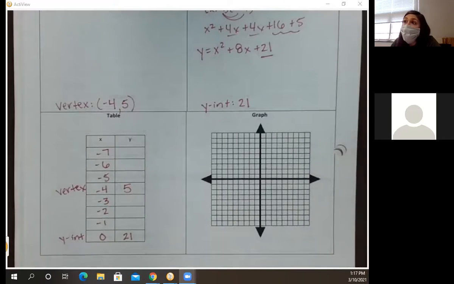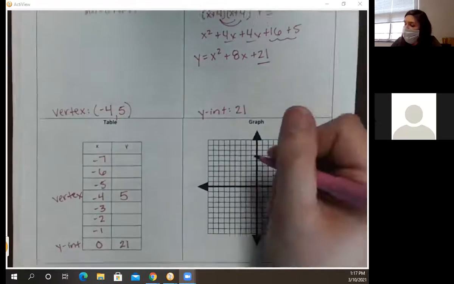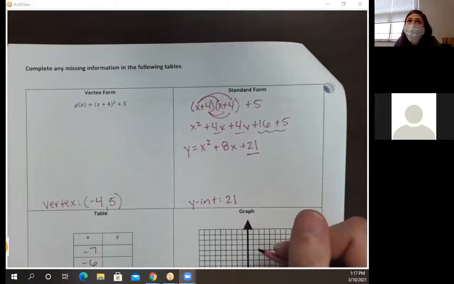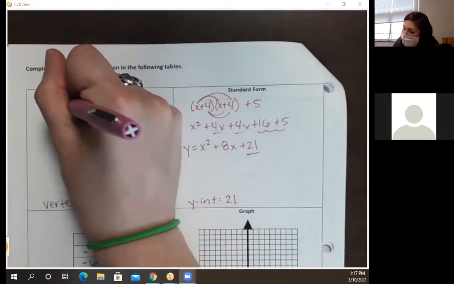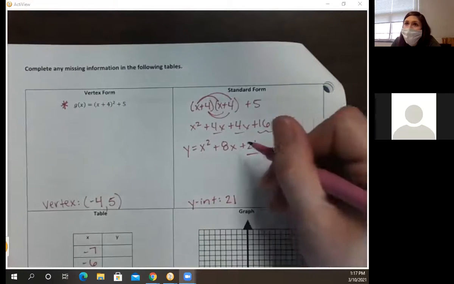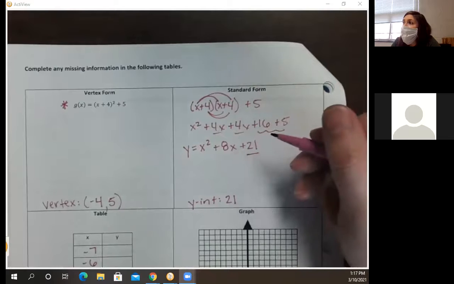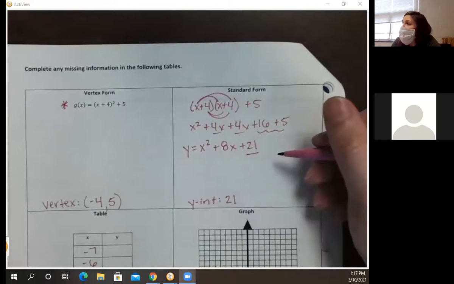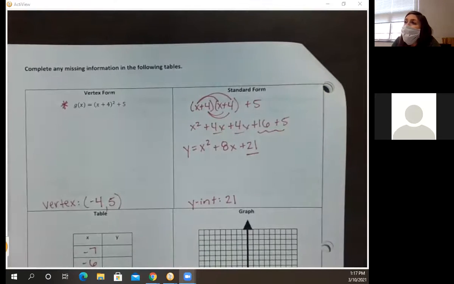Just as a little insurance policy for yourself, I strongly recommend you plug your x values into the function that is already given on your paper. If you did make a mistake getting your standard form function, then when you plug in those x values, your y values are going to be plugged into an incorrect function, and so they're not going to be correct for your graph.